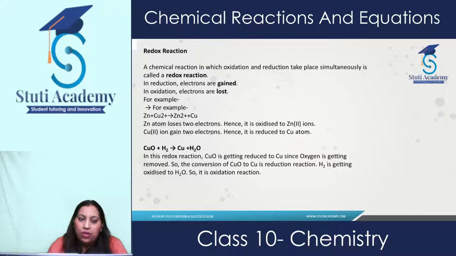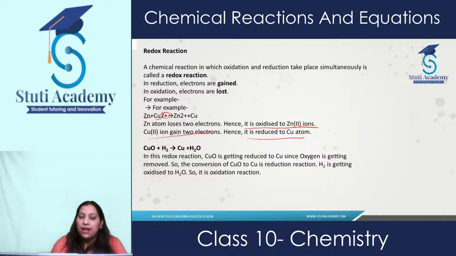Another example of a redox reaction is zinc reacting with copper. And here you can see the zinc atom loses 2 electrons. When it loses 2 electrons, it means it is oxidized to zinc ions. And here copper is gaining 2 electrons and it is reduced to a copper atom.